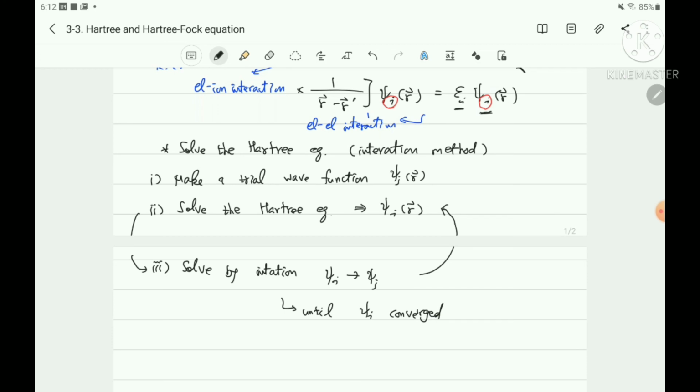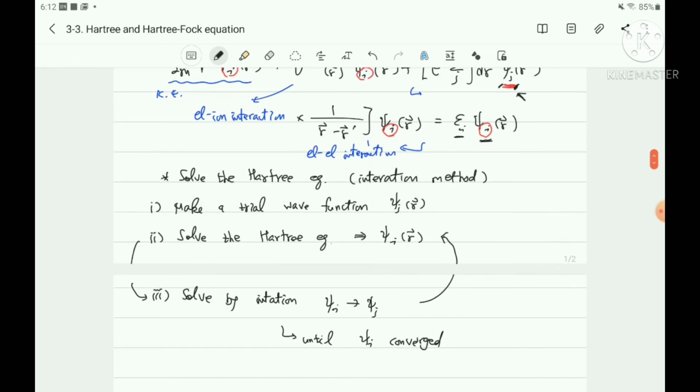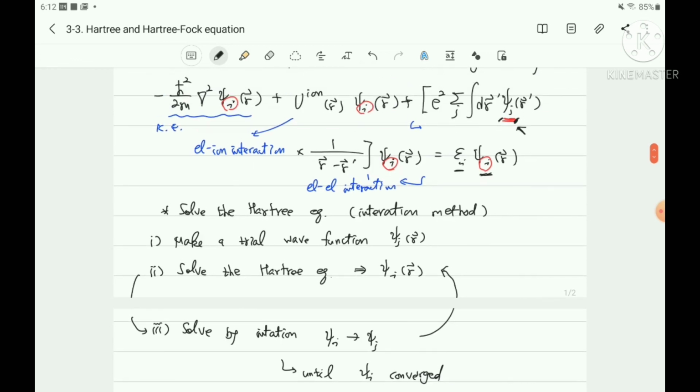And it is the Hartree method, and this iteration is possible in computation because nowadays many physical problems can be solved by numerical methods on the computer, and the computing system can solve this kind of iteration method very effectively.